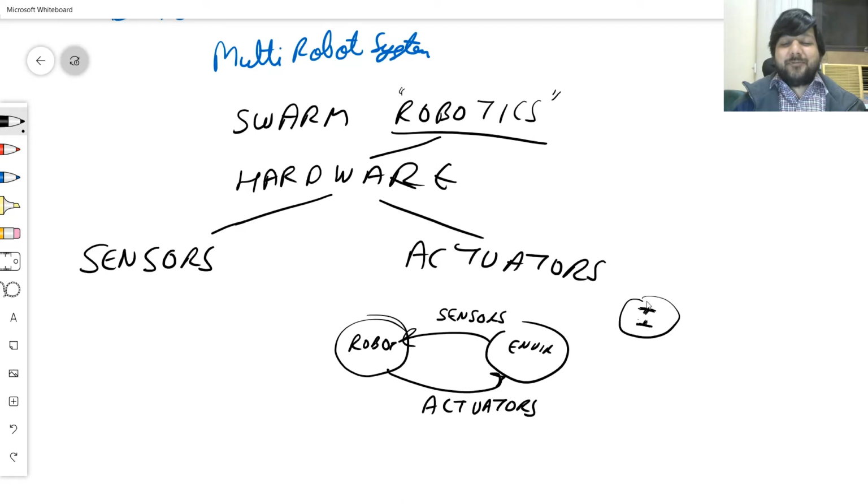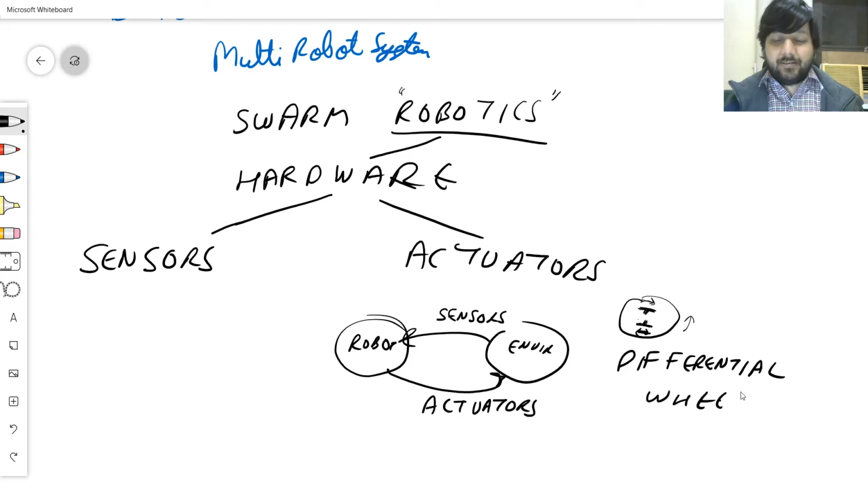If you want to move forward, turn both of them in the forward direction and your robot will go forward. If you want to rotate, turn this forward and this backward, and your robot will turn like this. That's simple kinematics, and this is a typical setup. It's called a differential wheel drive system.